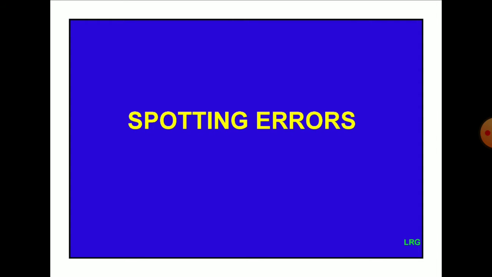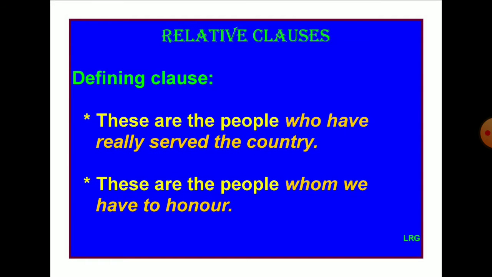On the other hand, a non-defining clause only adds information to a noun that is already defined. Take a look at the following sentences to see the difference in their functions. These are the people who have really served the country. In this sentence, the dependent clause in italics introduced by the relative pronoun who is the relative clause.